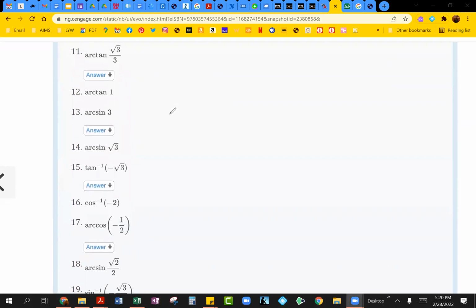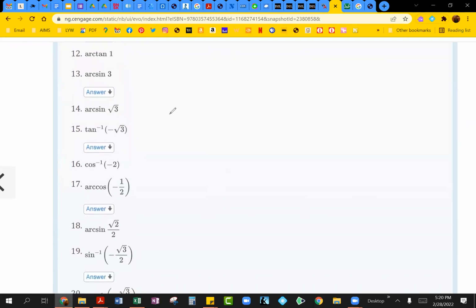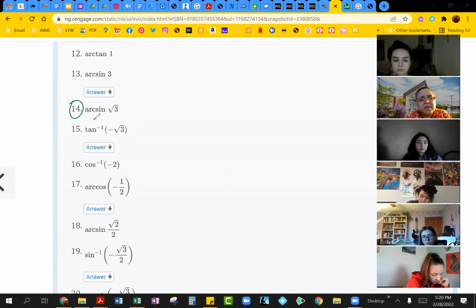Let's start with number 14 over here. Arc sine of square root of 3. You can think of that as equal to y, if that helps.